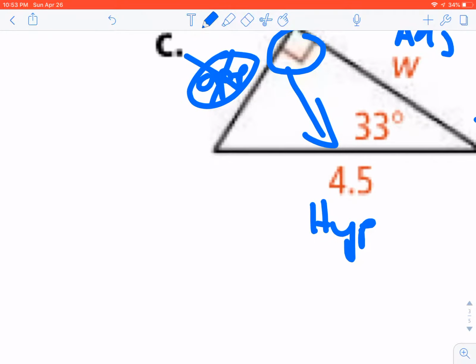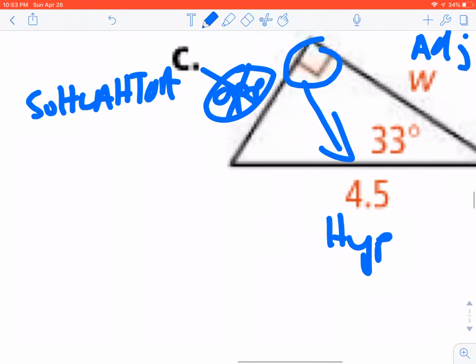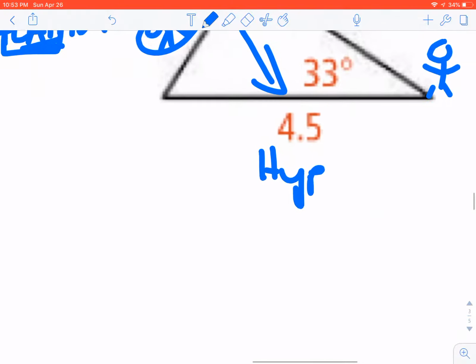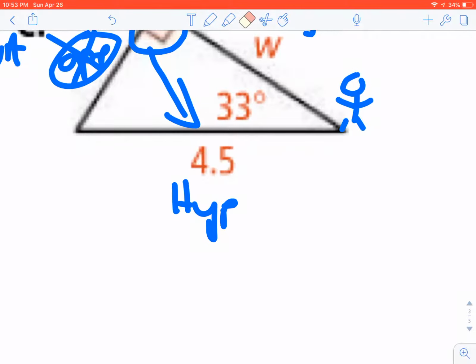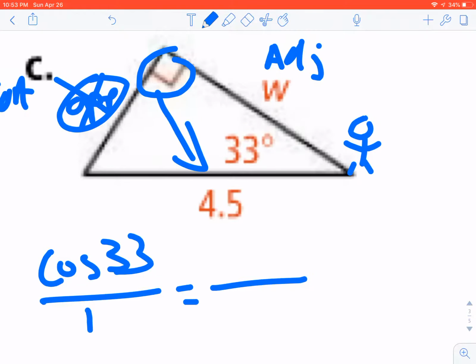So I need to use the trig function in SOHCAHTOA that deals with adjacent and hypotenuse. Well, that's C, C-A-H. So I'm going to take the cosine of 33 over 1 is equal to, because it's spelled C-A-H, W is adjacent, so it goes on top.